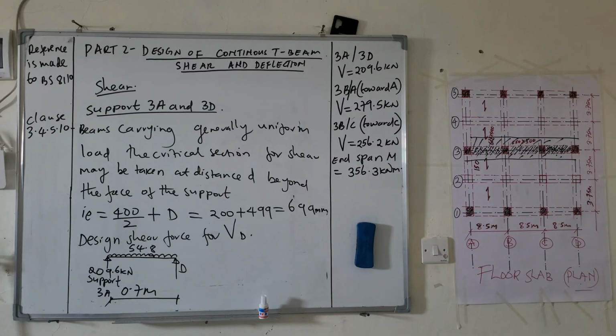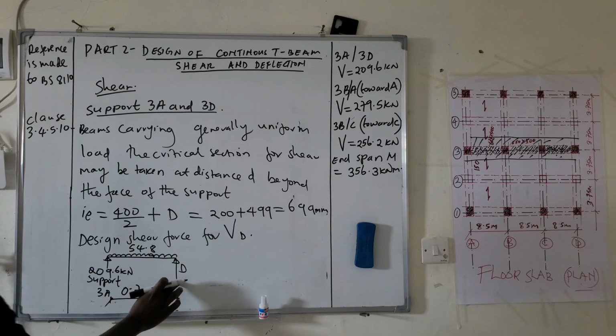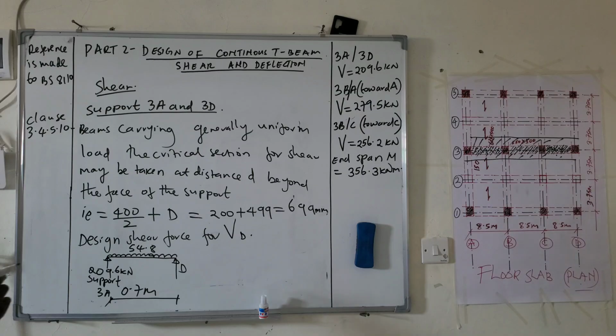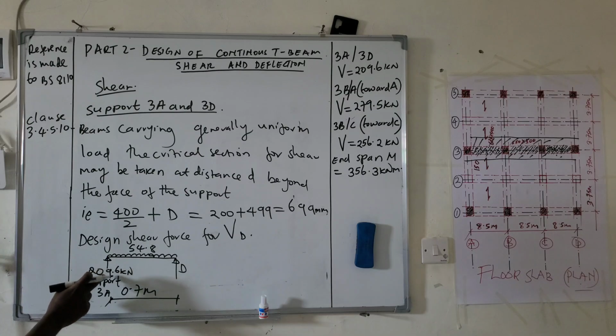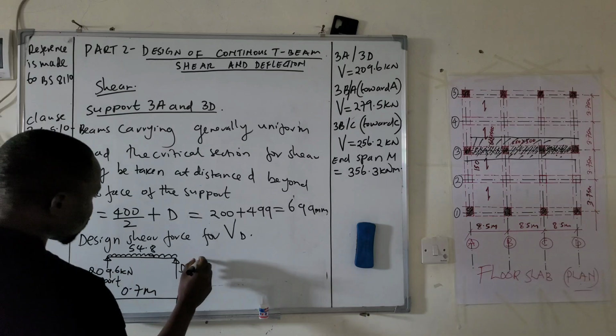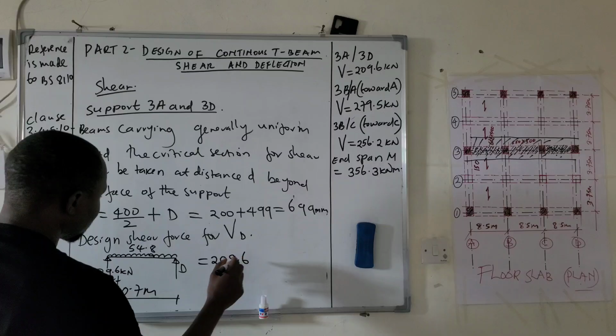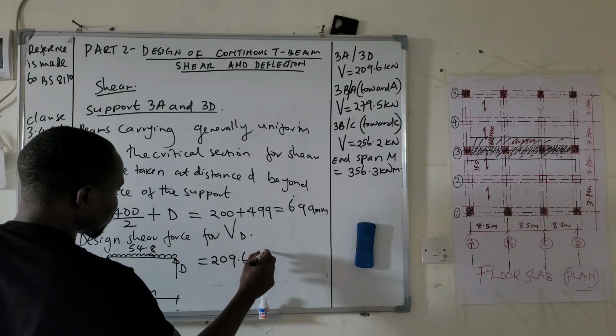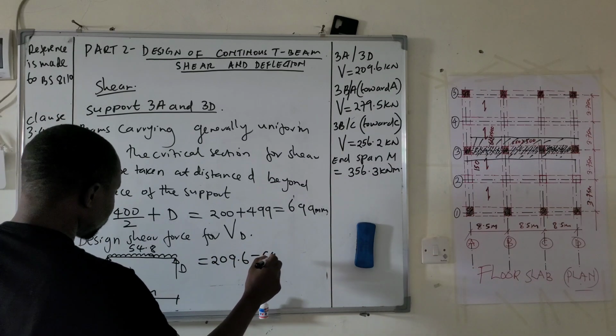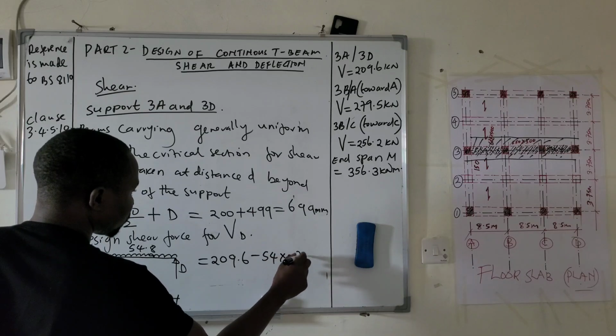To obtain the shear force at D, we start summing our reaction from this point: 209.6 minus 54 times 0.7.